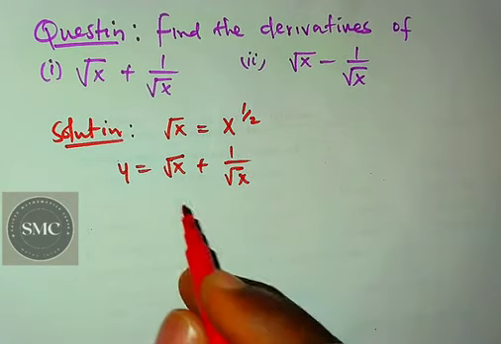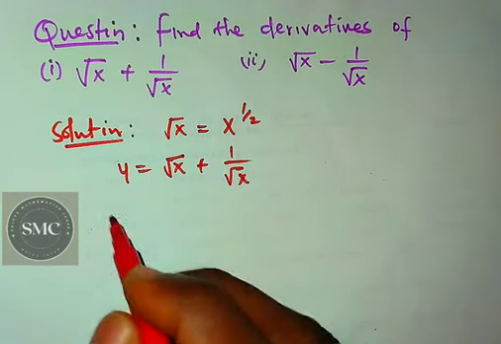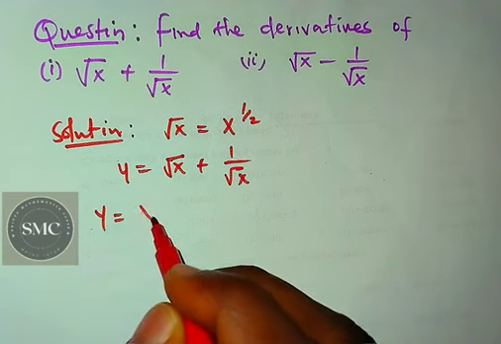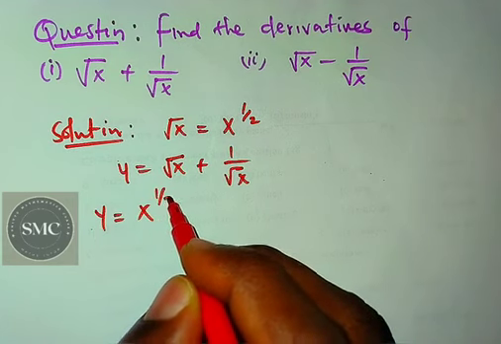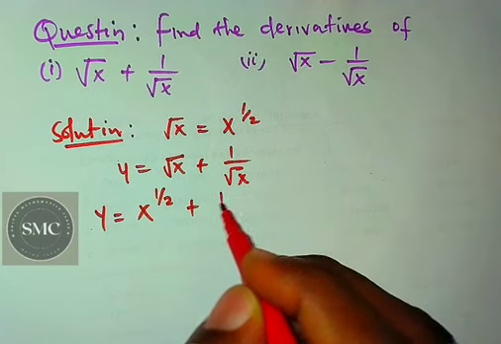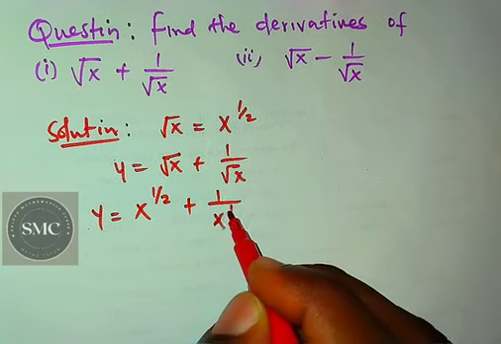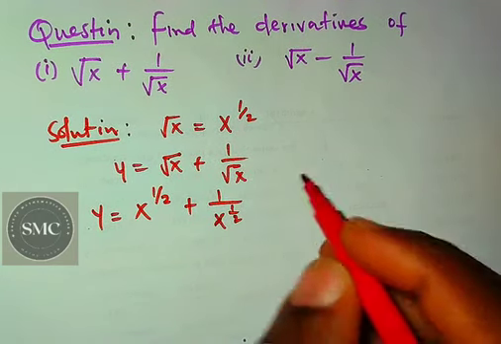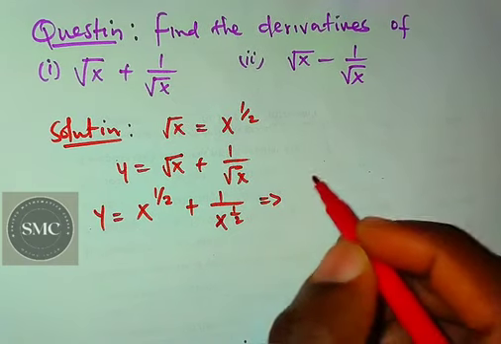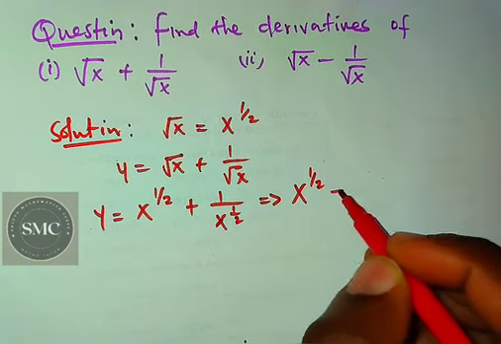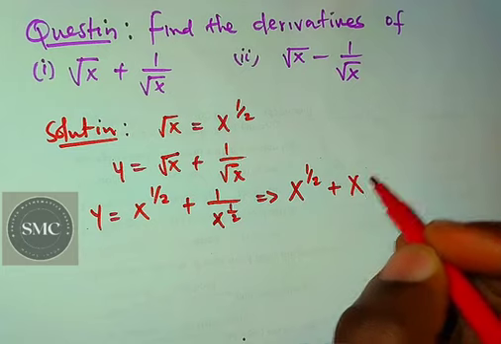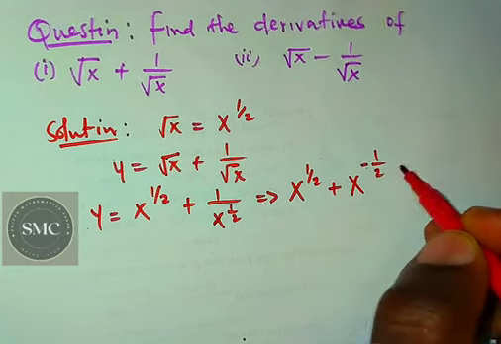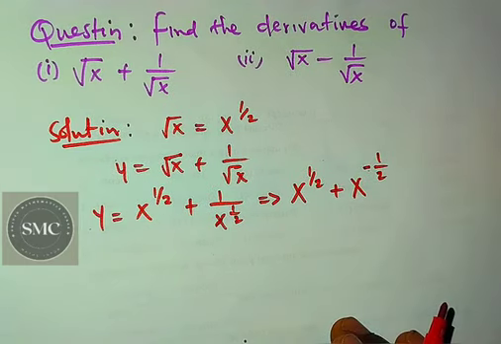So now I'm going to have y equals x to the power half, plus 1 over x to the power half. So this implies x to the power half plus x to the power minus 1 over 2.